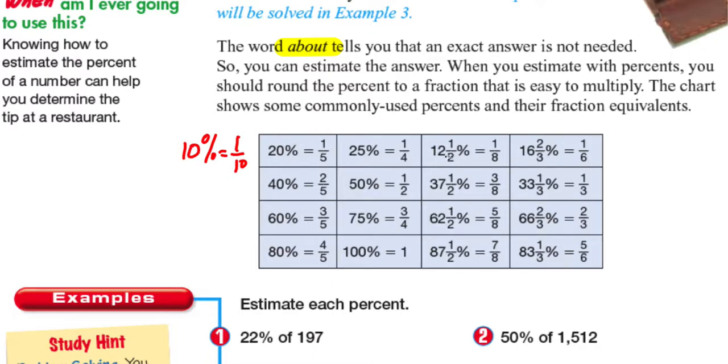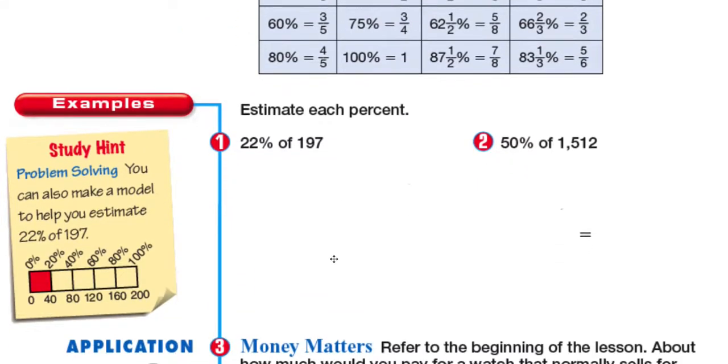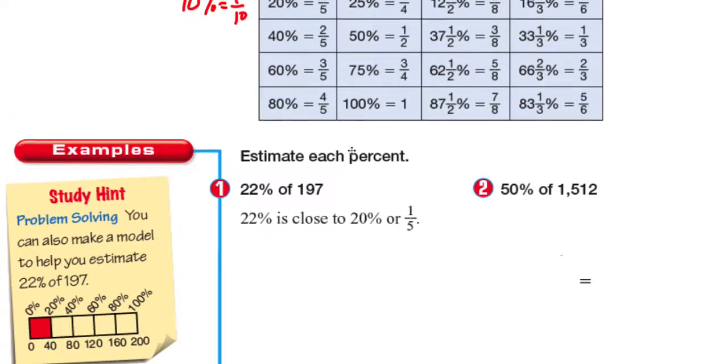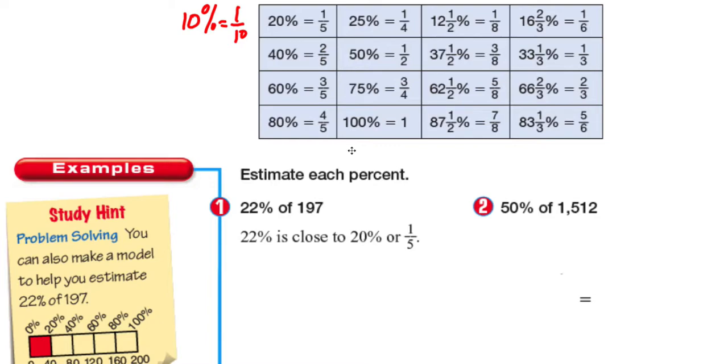After memorizing this table, we can now proceed to estimate the percent of each number. Let's take a look at example number 1, 22% of 197. 22% is close to 20%, and from the table, 20% is 1/5. We round 197 to 200, because 5 is compatible with 200.